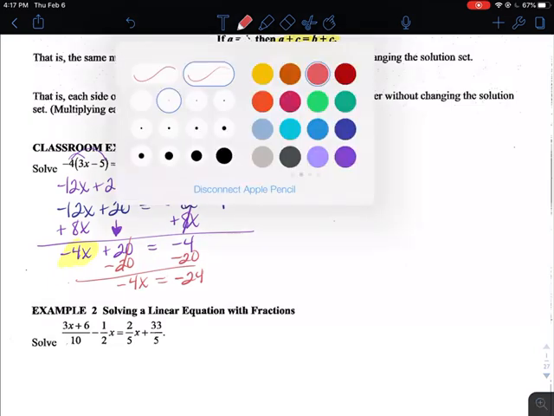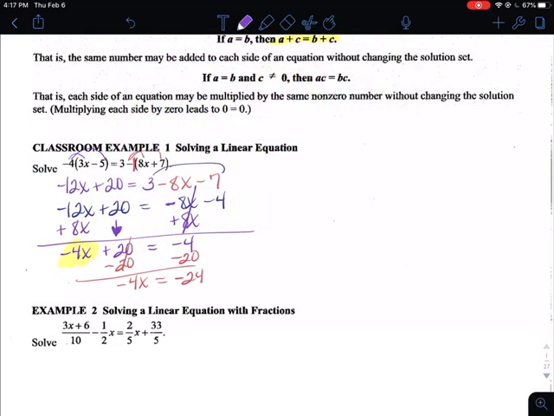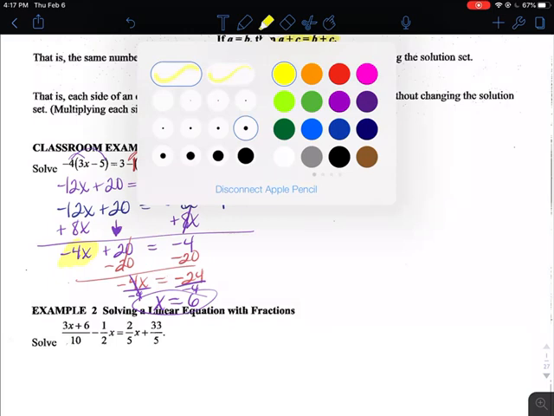So to undo multiplication, you need to divide. So I'm going to divide both sides by -4. So when I cancel out the -4s, I get x equals -24 divided by -4 is +6. That will be your answer.